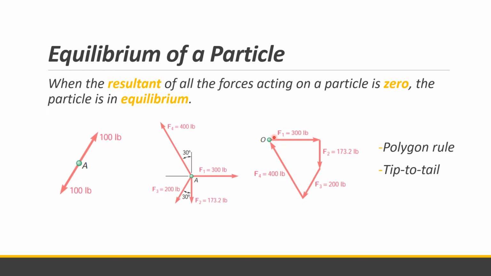To express this algebraically, the condition for the equilibrium of a particle is that R, our resultant, or the summation of the forces acting on a particle, is equal to 0. Resolving the force into its components, we can conclude that the necessary and sufficient conditions for the equilibrium of a particle are that the summation of the x components of the forces is 0, and also the y components of all the forces is equal to 0.